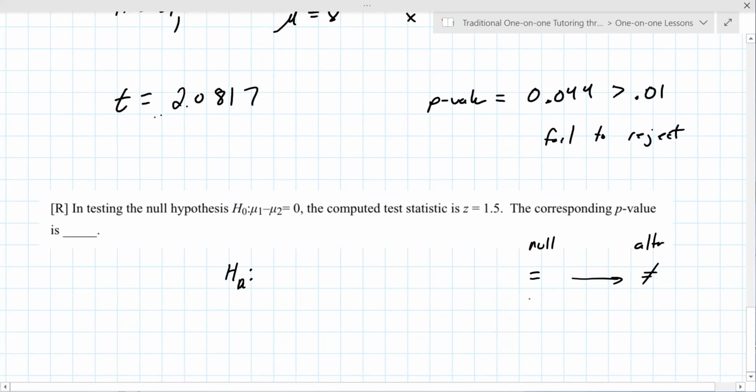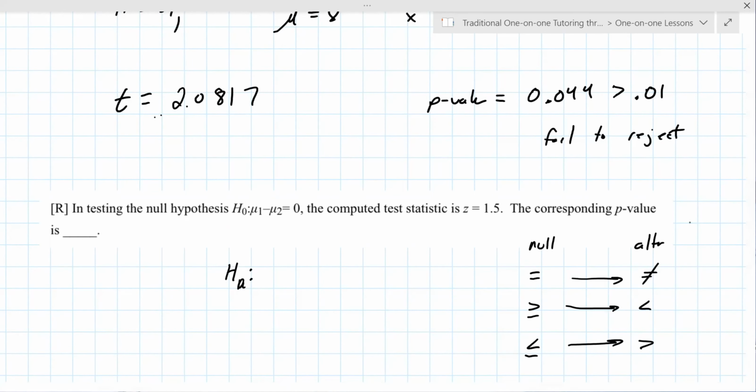If the null is a greater than or equal to, the alternative is a less than. If it's a less than or equal to, it's a greater than. You also want to remind yourself of this before any formal test. The reason that's important is that it tells you whether it's a one-tail or a two-tail test.